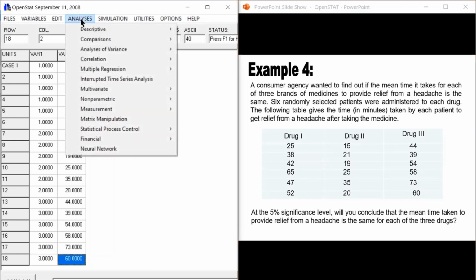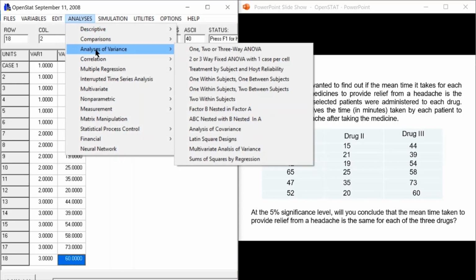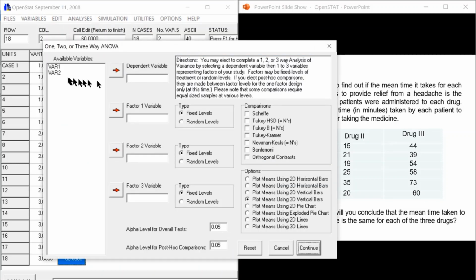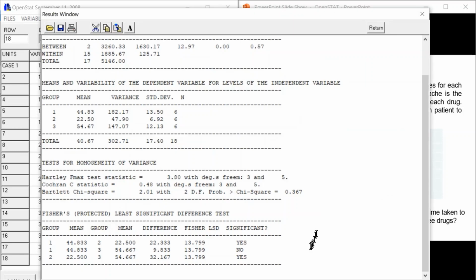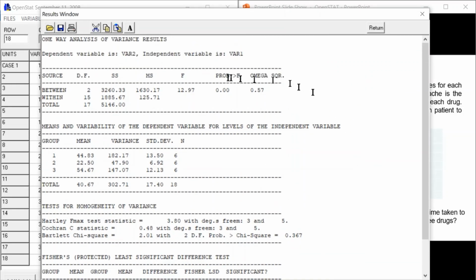Go to analysis, choose ANOVA or analysis of variance, then click in the dependent variable and the factor variable, click continue. This is the result that you will get. Here the p-value is smaller than the significance level, so you can reject the null hypothesis.